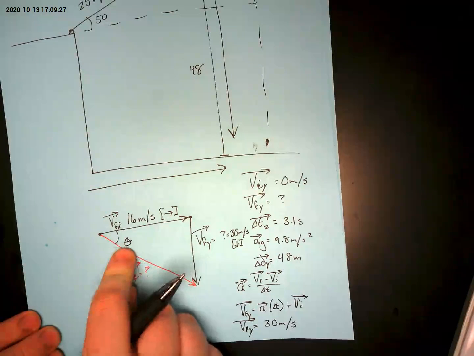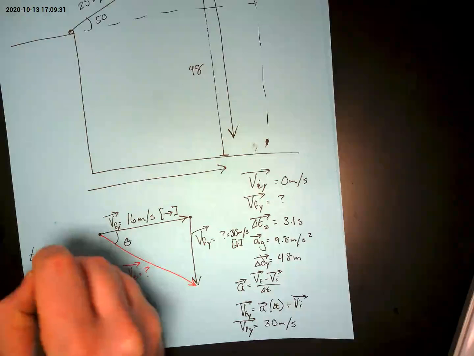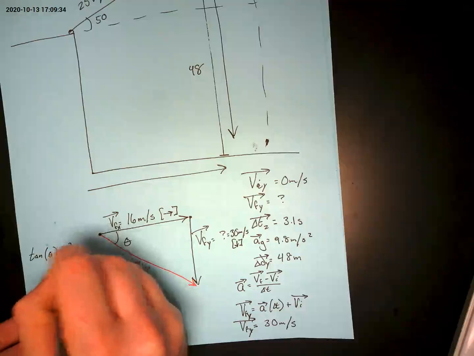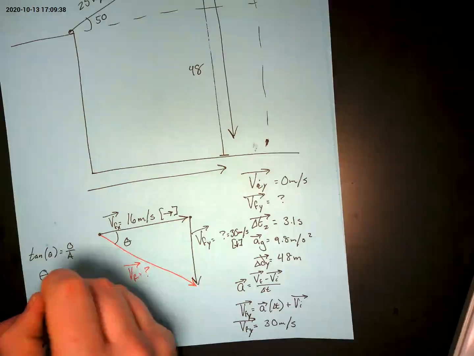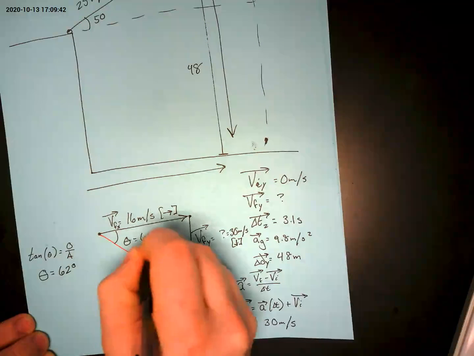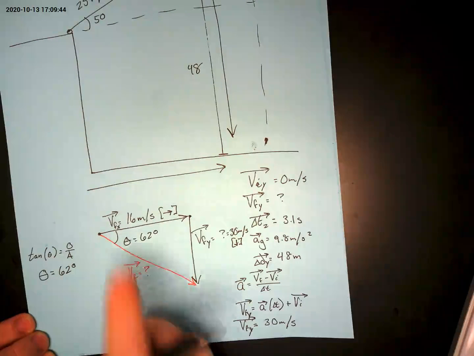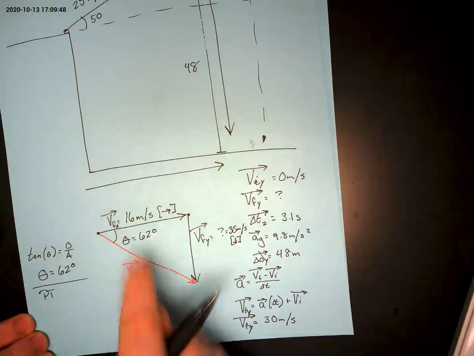To find this guy first, it's going to be the tangent of theta equaling opposite over adjacent. And using that, you're going to find that it's 62 degrees. Then you can just use Pythagorean's theorem to find this guy.